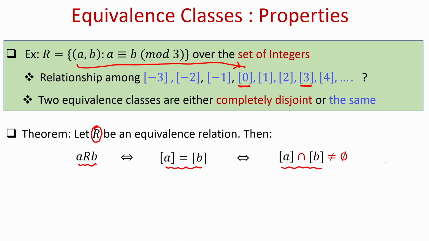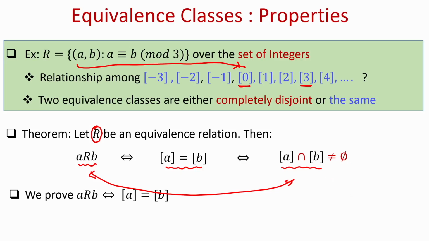In other words, if the intersection of the equivalence class of A and the equivalence class of B is empty, then the equivalence classes of A and B are different. And of course, we can apply the transitivity property and say that if A is related to B, then the equivalence class of A intersection the equivalence class of B will be non-empty. So, there are two bi-implications involved here.